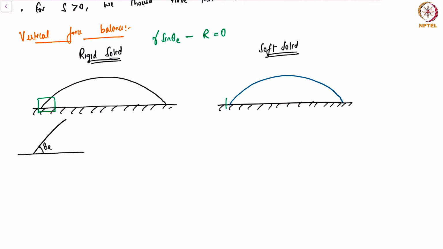Again, if we examine this region very close to the solid, then what you find is that the solid can deform. So the solid deforms near the contact line, and the amount by which it deforms depends on the elasticity of the solid as well.